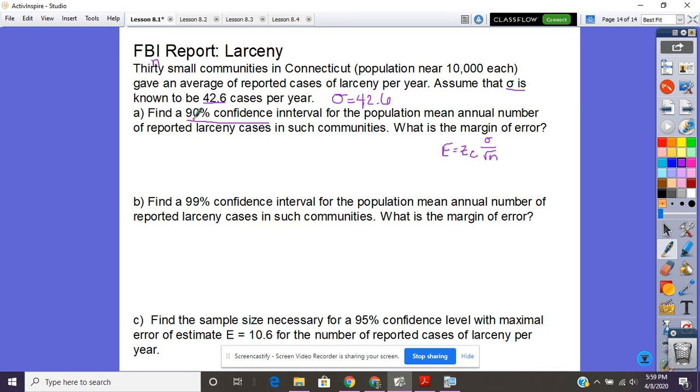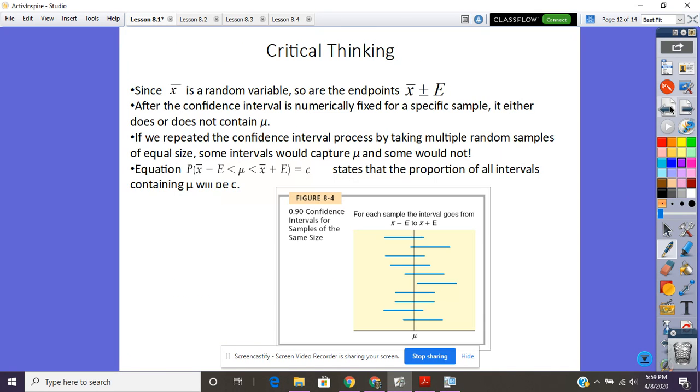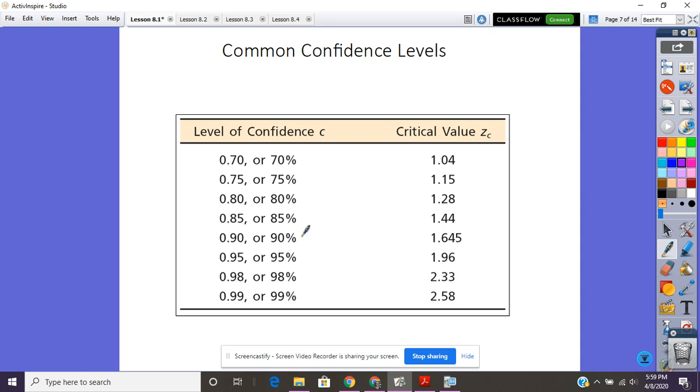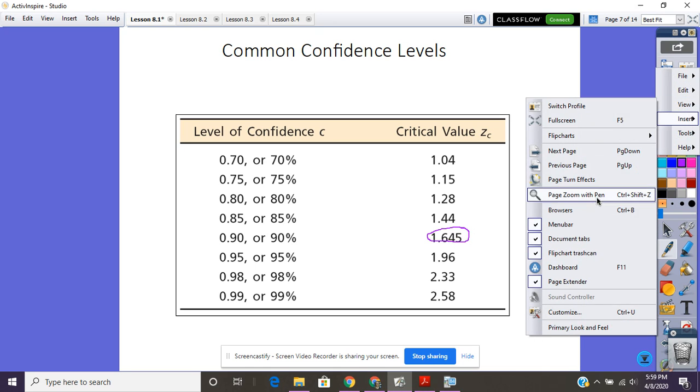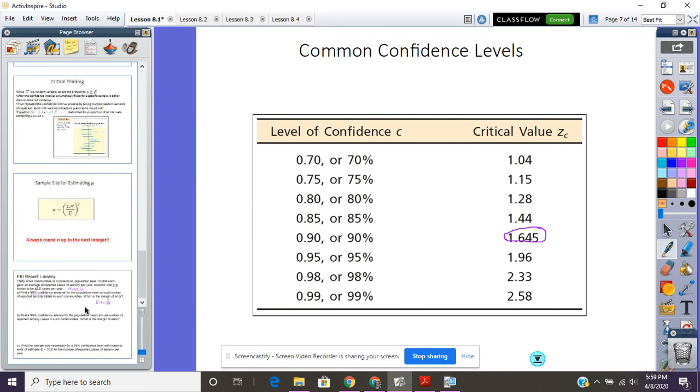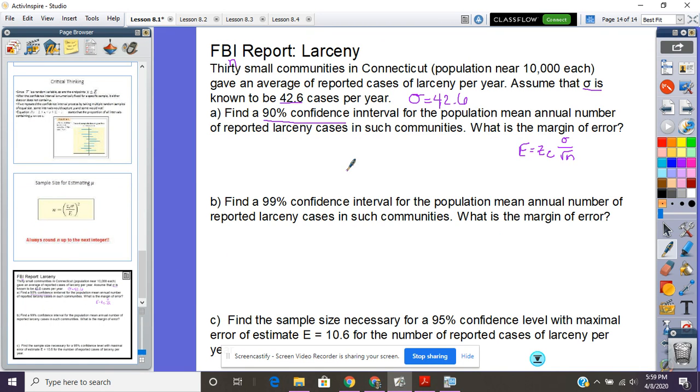If we want a 90% confidence interval, that means we need to go back to this table, back here, and find 90%. So here's our Z_C, it is 1.645. Sorry, bear with me a second here. So our Z_C is 1.645.